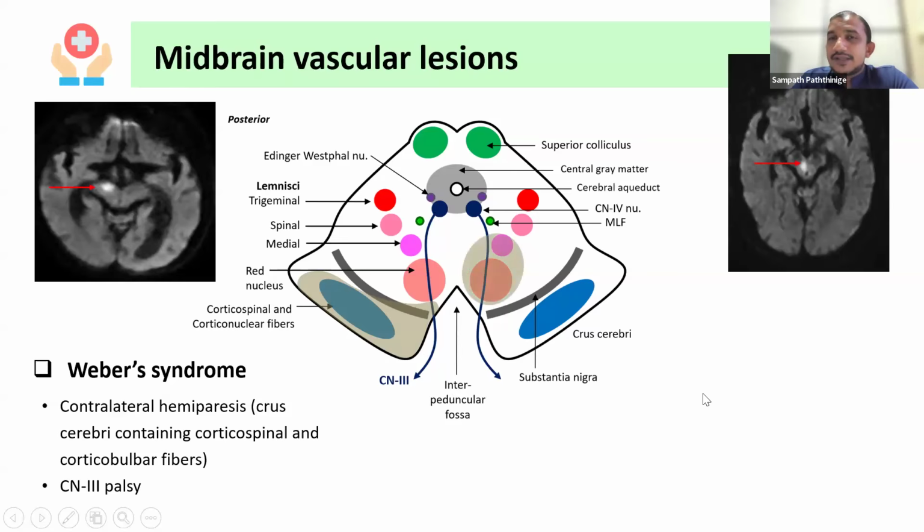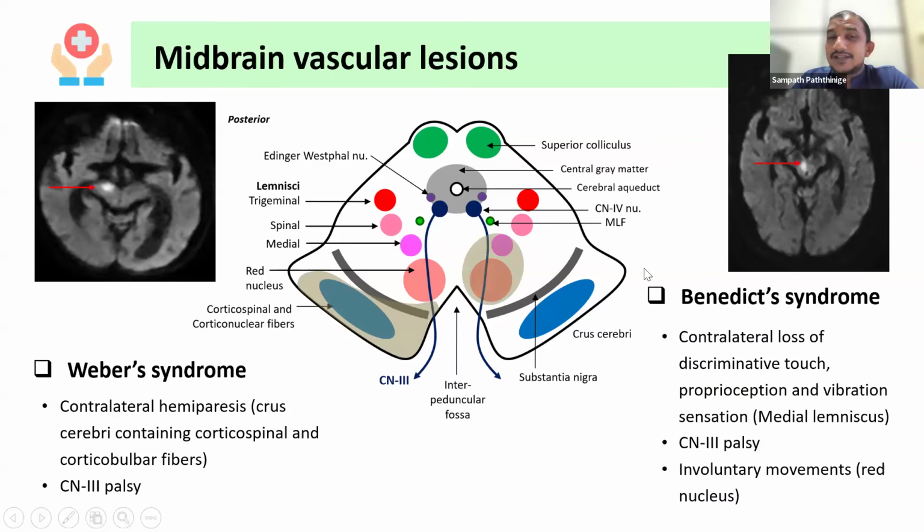Then we have Benedikt syndrome, which is a little bit more posterior, but towards the midline, which will affect the red nucleus, leading to involuntary movements. Again, the third nerve is affected, and there would be damage to the medial lemniscus as well, leading to contralateral posterior column sensation loss.